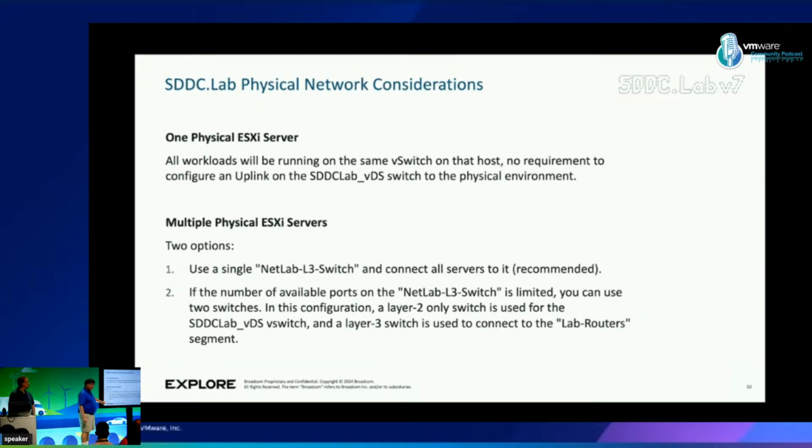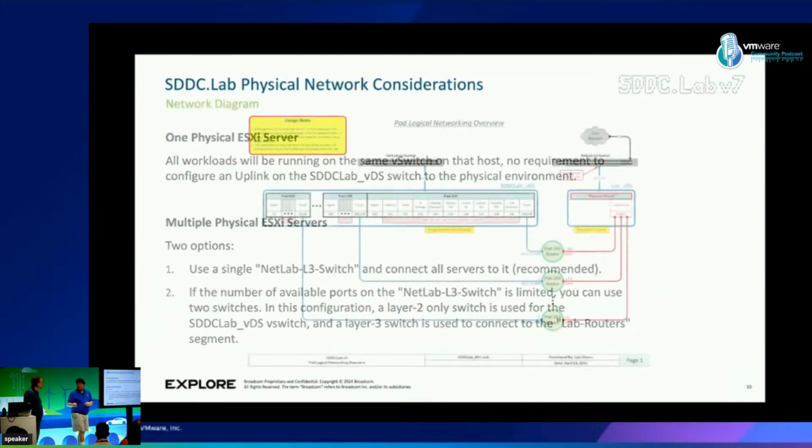Otherwise, if you have multiple servers, you'll have a single connection up to the layer 3 switch, and then a number of ports to a layer 2 switch. You can leverage a layer 3 switch as well. The diagram will make this make a little more sense. You actually can separate the two out or combine them into one switch if it is capable of all the VLANs. Probably the network diagram does a better job.